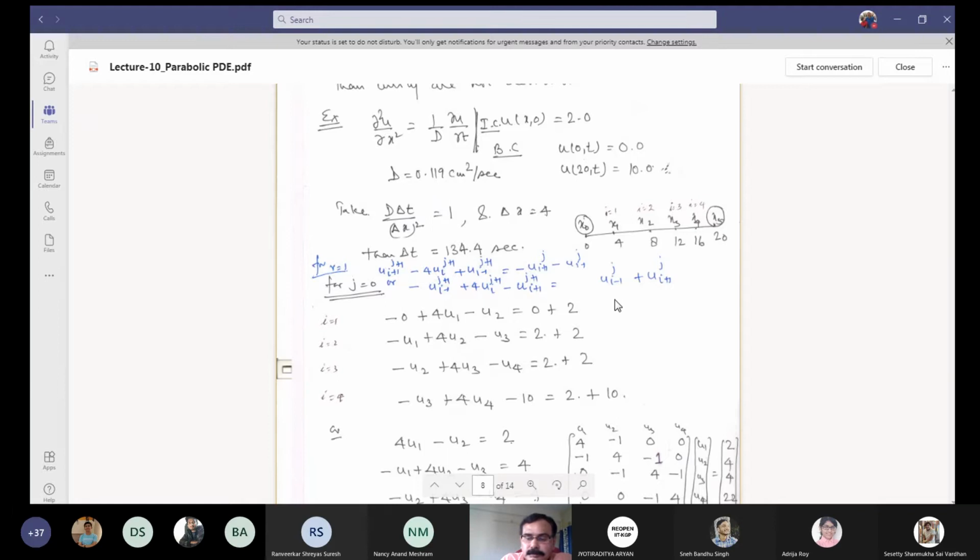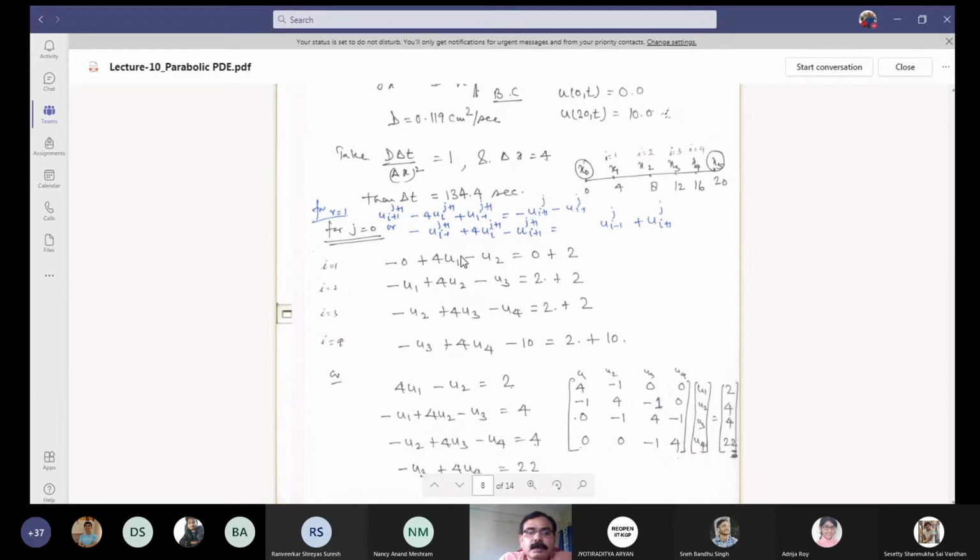Now the scheme is as follows. In this case, it will be minus u(i-1, j+1) plus 4 u(i, j+1) minus u(i+1, j+1) equal to u(i-1, j) plus u(i+1, j) on the right hand side. Right, now first we choose j equal to 0 and then i equal to 1. i equal to 1 means we'll get u0 here.